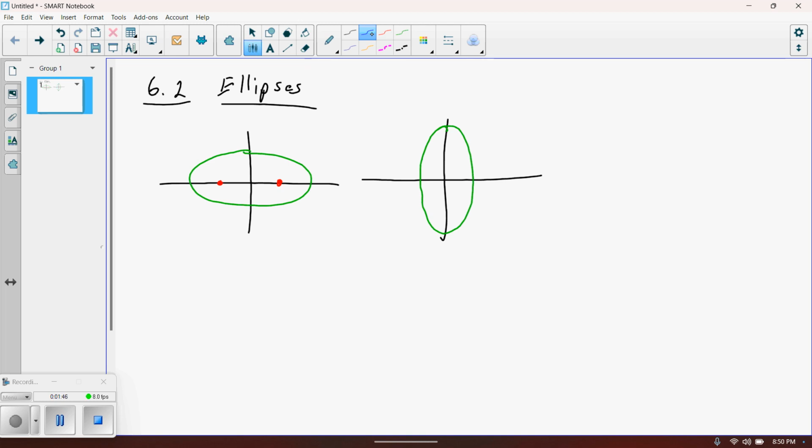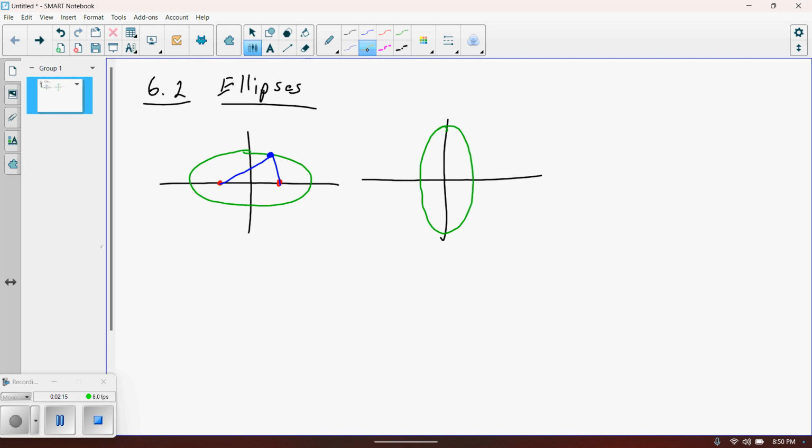What do I mean by that? Let's take some random point up here on the ellipse. If I take the distance from the left focus to that point, and then the distance from the right focus to that point, and add the two blue lines that are created, whatever that sum is, it will be the same at any point around the ellipse.